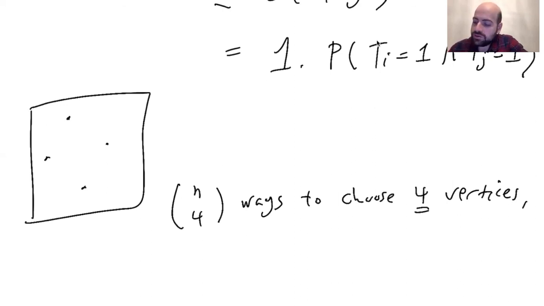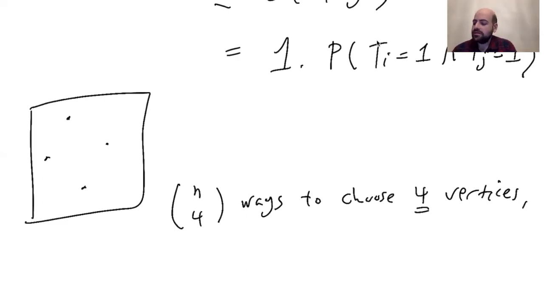And once I choose my 4 vertices, I still have options for choosing the common edge. How many edges do I have in total? I have 4 vertices, so I can have 6 edges, 4 choose 2, which is 6.